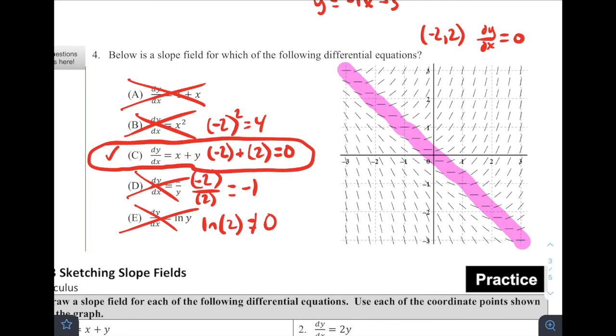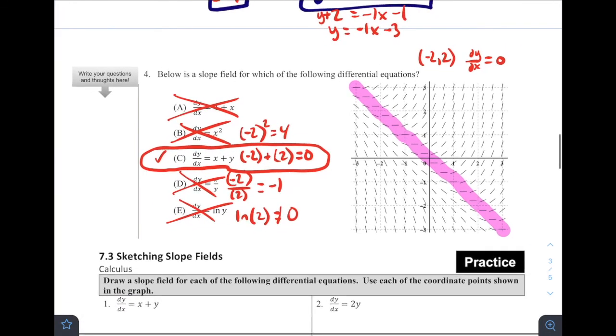Additionally, we can identify those slopes at specific points, but really we want to take a look at places where they're positive or negative, or places where the slope is vertical, right? We might have something where we're dividing by 0. Those are really useful things.